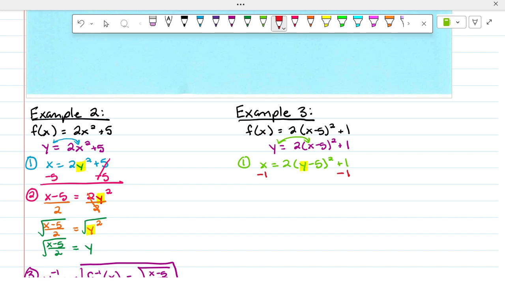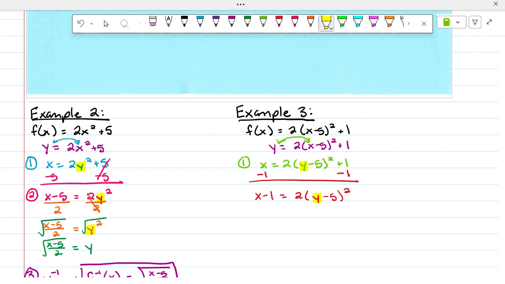So we got to undo everything that's on the outside of the brackets. Just like when we were doing function transformations, when I said you start inward and work your way outward. Well, when you're finding inverse functions, you start outward and work your way inward. All right? So this would be x minus 1 is equal to 2, y minus 5 all squared.